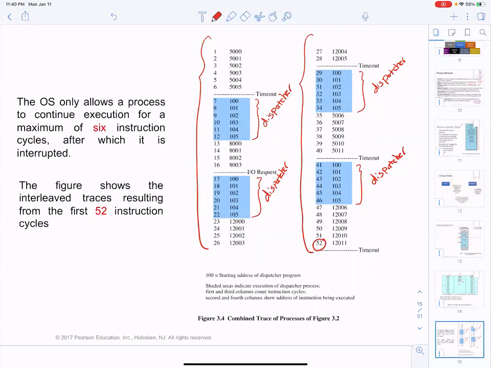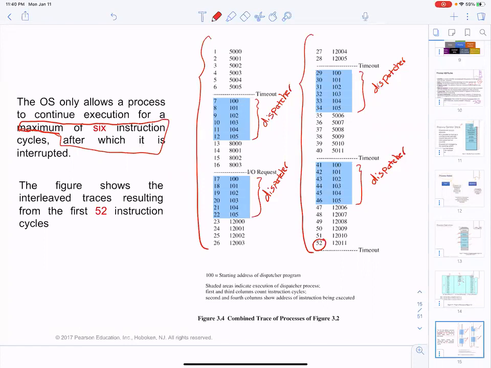In this figure in particular, we assume that the operating system only allows a process to continue execution for a maximum of 6 instructions. That's just an assumption. The main reason we have this assumption is that we would like to see the switching between the processes. We don't want to run the entire process at once.